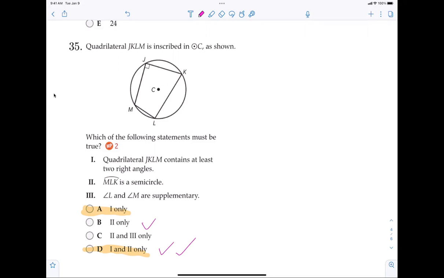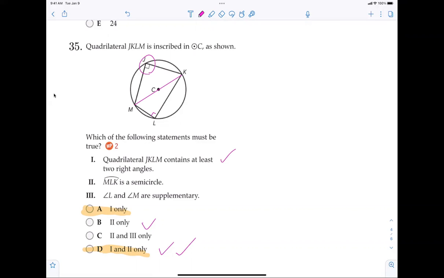All right, so does it contain at least 2 right triangles? Yeah, because if this is a right angle here, then when I draw MCK, do I agree now? That would have to be a diameter. So if that's a diameter, then we agree this one has to be, right, even though it may not look like it. So there's at least 2 right.